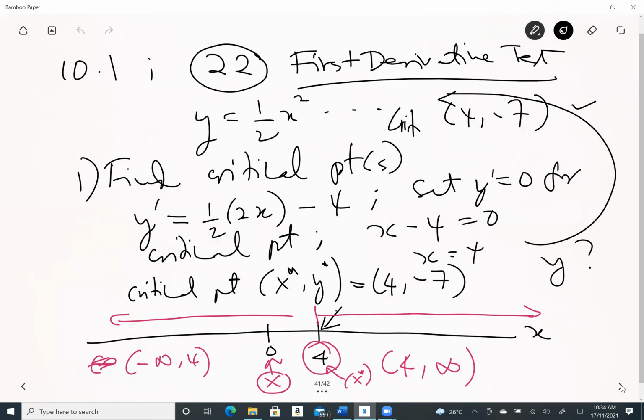Okay. All right. You continue. You tabulate the interval, which we already set here. You take a test point for each interval and see what is the value of the y prime. Okay, do it now. I give you 4 more minutes.